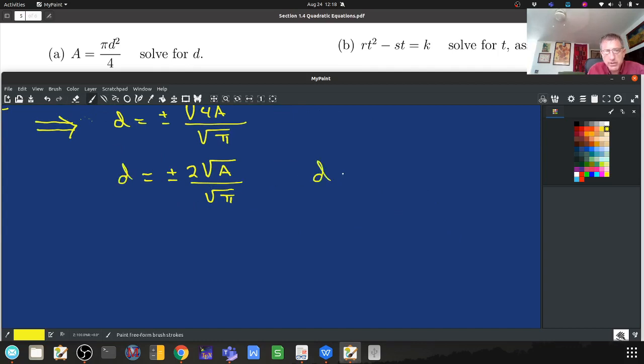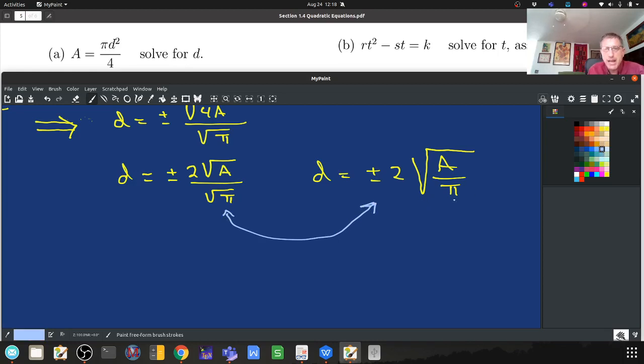But you might also see d is equal to plus or minus 2 times the square root of a divided by pi, again reversing the rule of radicals that I just used. These are equivalent answers, and to say that one is better than the other is introducing subjectivity in tastes.